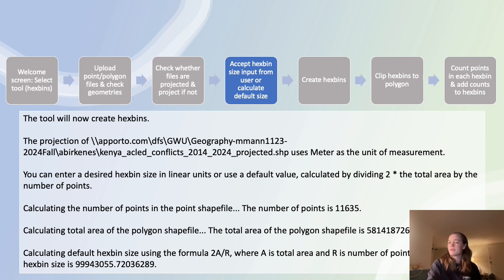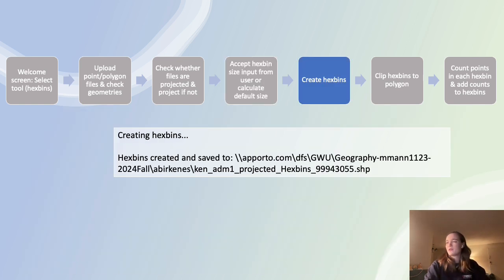With the formula, then the default hexbin size is this stated value. So with that default value, the tool can then create the hexbins, which are saved to a shapefile that has an ending that is the integer of the size of the hexbins.